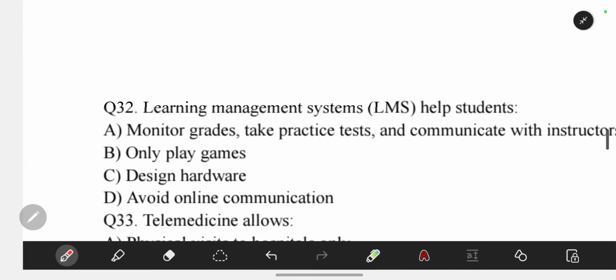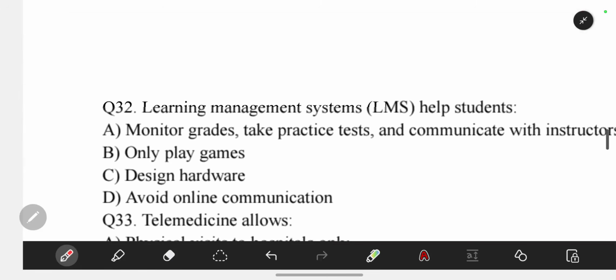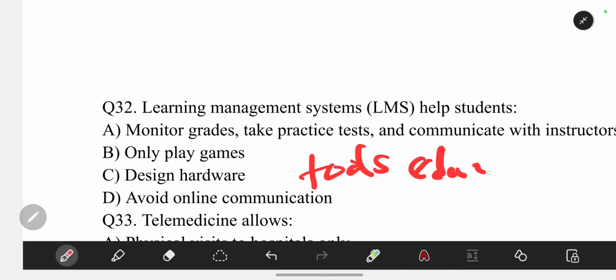Number 32, learning management systems help students. So learning management system helps students too. So what are they? So learning management systems are the types of systems that provide tools for education. It also helps in tracking and online application and online interaction.